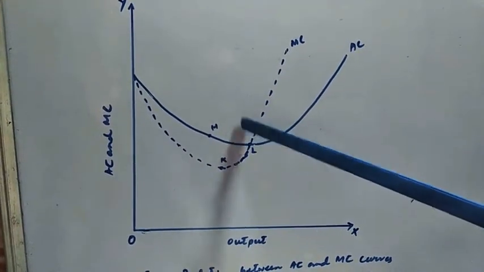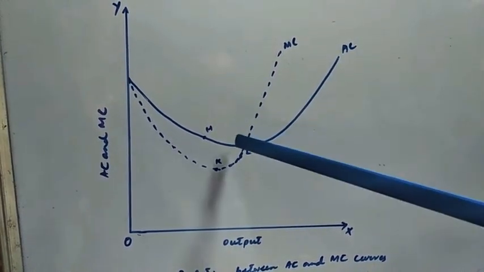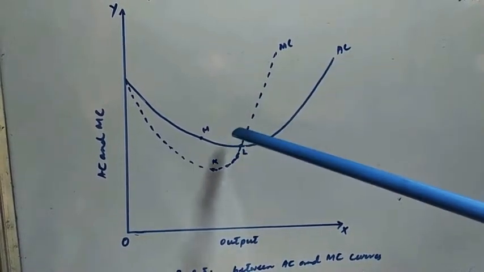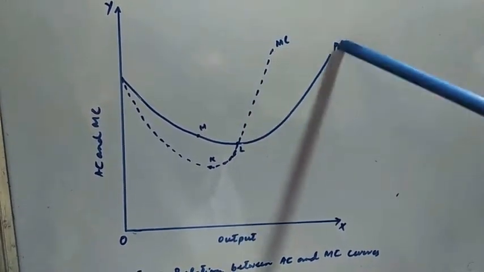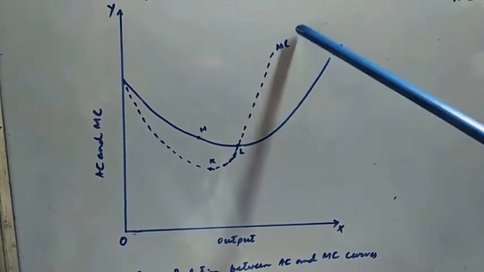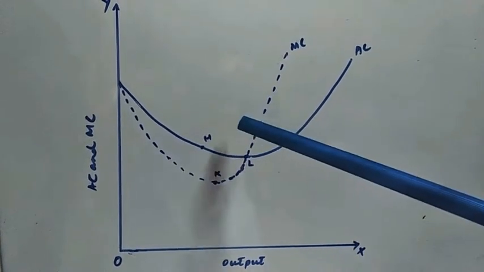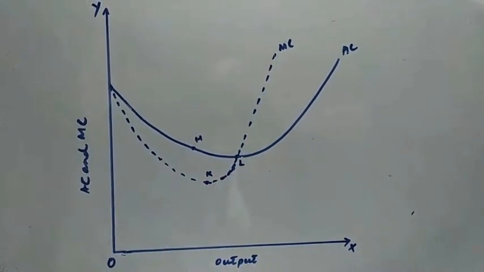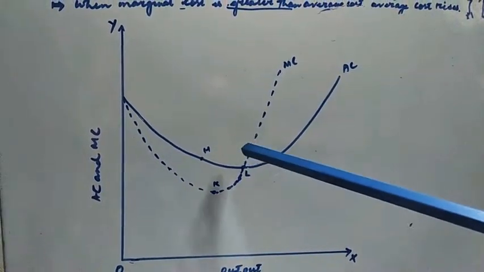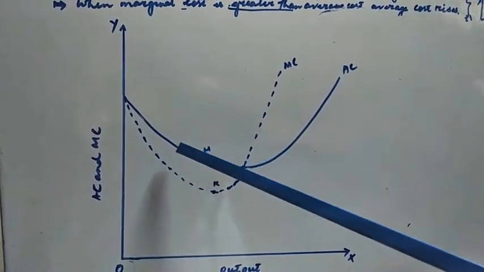And at point L, MC equals AC because that is the intersection point of the MC and the AC curve. So at point L, MC and AC are both equal. What is the speciality at point L? At this point L, average cost curve is neither falling nor rising, but you will see that it has ceased to fall.